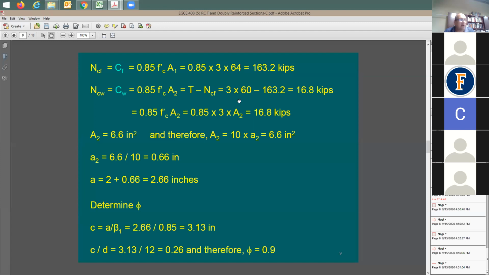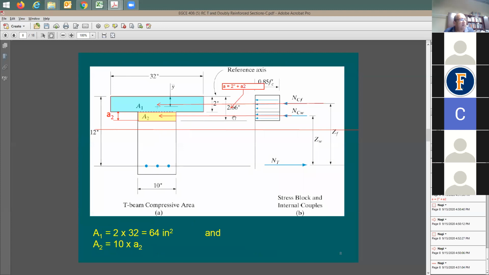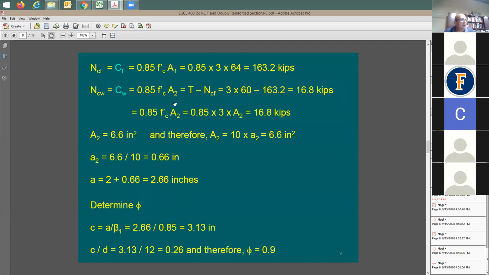Let me take you back one slide again. Yeah, compression here, NCW or C sub W, is going to be equal to A sub 2 times 0.85 F prime C. So, here's the equation: 0.85 F prime C times A2 is equal to the tension minus the compression on the top. Why? Because I can simply say here, let me type it.